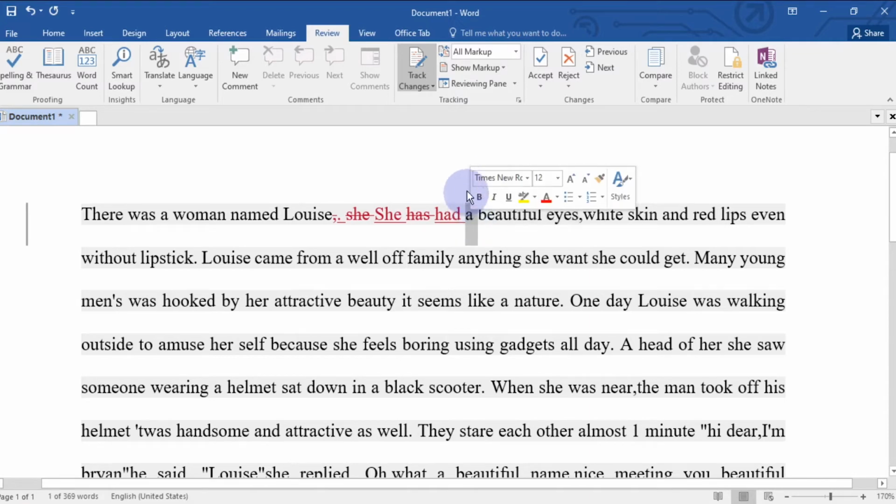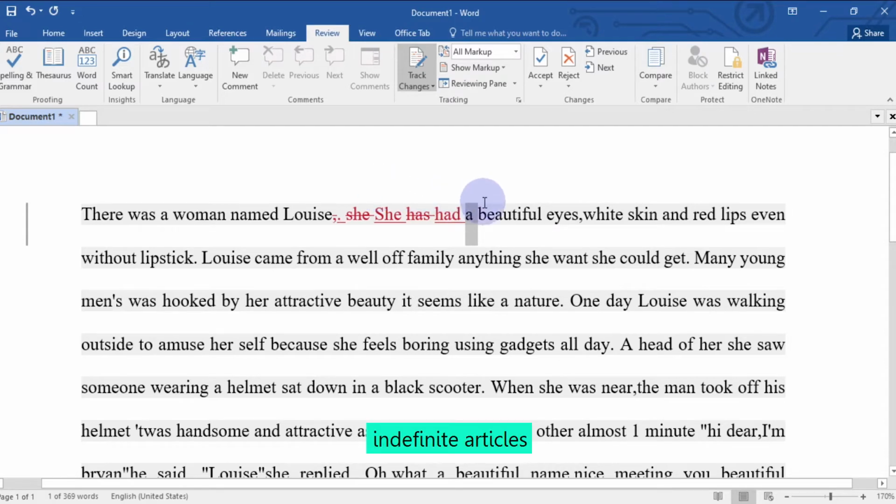This article is modifying the noun eyes. Eyes is a plural noun. We have the s in the end. This is wrong because the indefinite articles should refer to a singular countable nouns. However, we have here a plural noun, which is eyes.